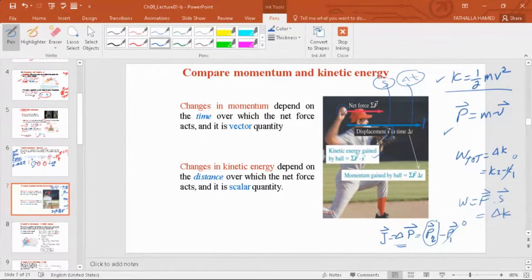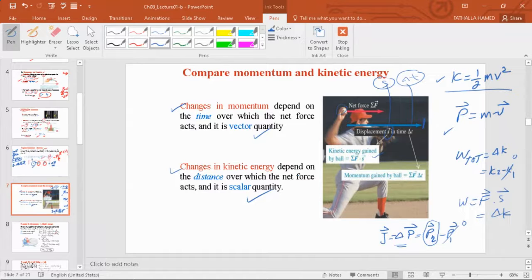So from this cartoon here, we say changes in momentum depend on the time over which the net force acts, and it's a vector quantity. And changes in kinetic energy depend on the distance over which the net force acts, and it is a scalar quantity.